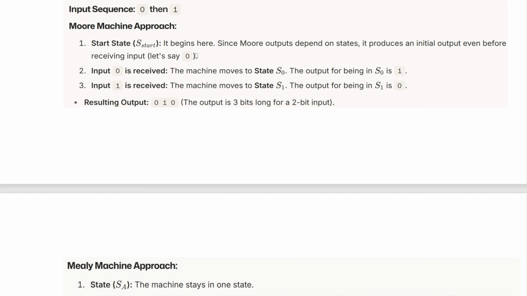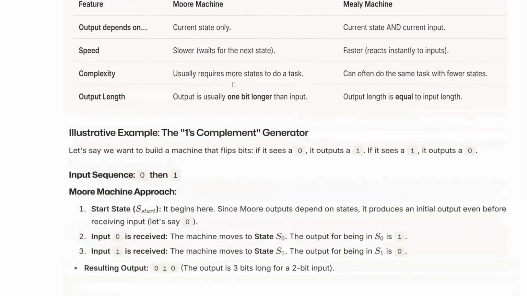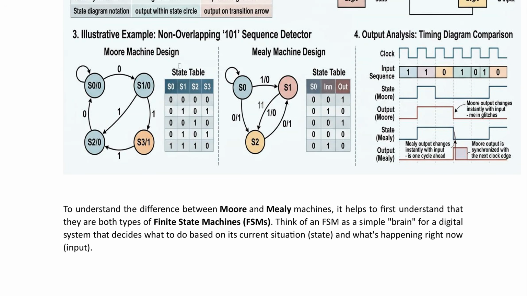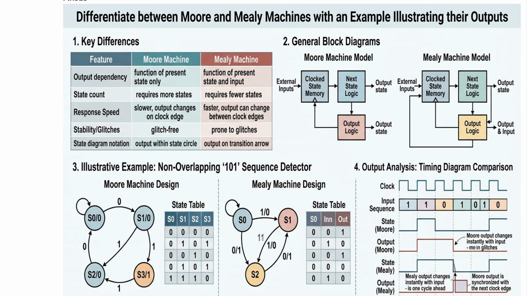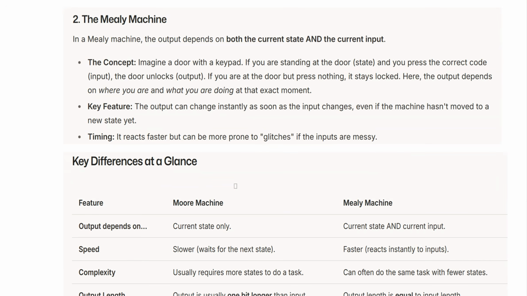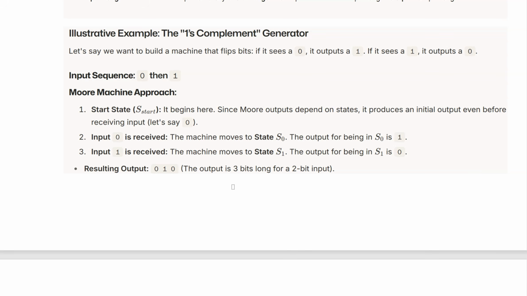In case of Moore machine, output depends on state only. As I have earlier told you, in Moore machine, output depends only on the present state, whereas in Mealy machine, output depends on present state as well as input. It produces an initial output even before receiving input.